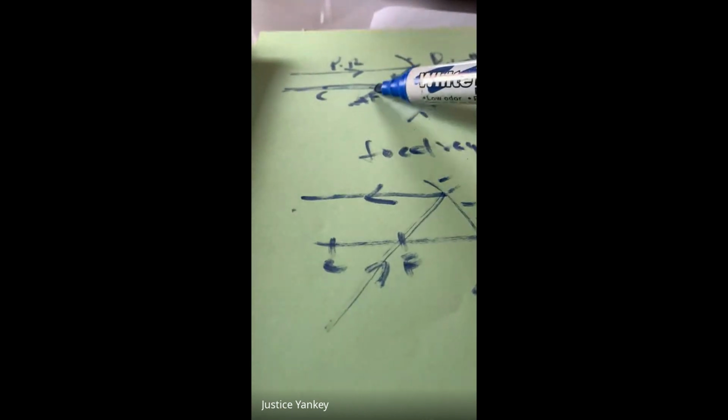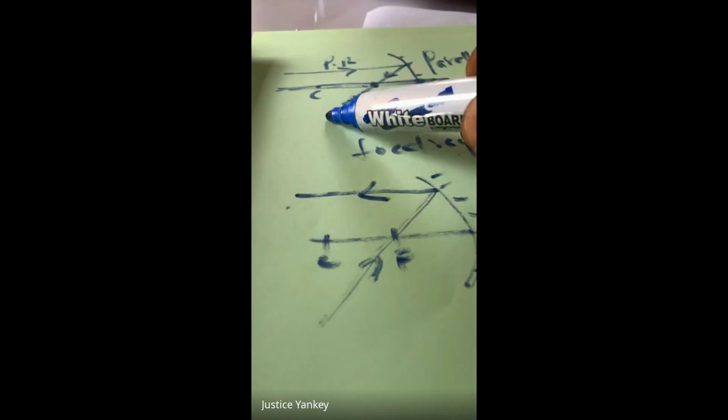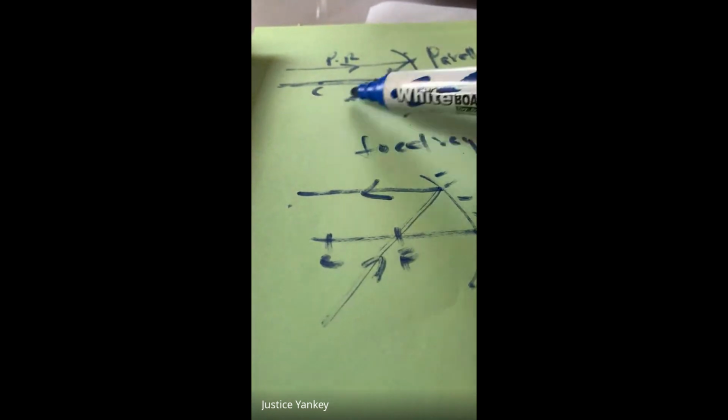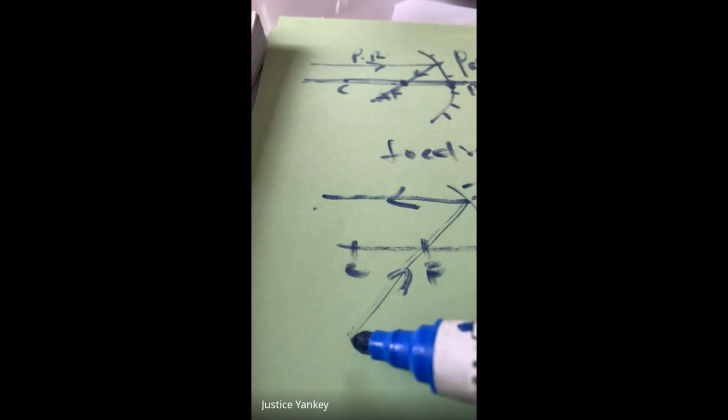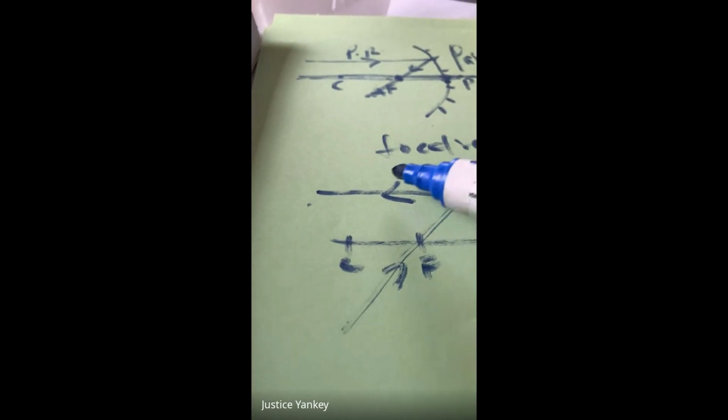Because light can be reversed, if a ray originally passes through the focus, then after reflection, it will be parallel. We call this ray the focal ray. So any ray that originally passes through the focus will be reflected parallel.